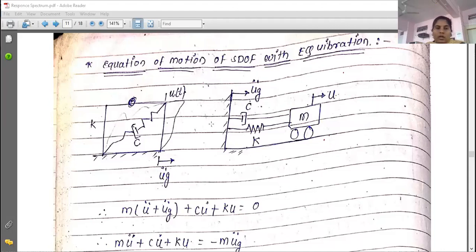Okay, so the equation of motion of a single degree of freedom system with earthquake vibration, we'll see that part in the next lecture.